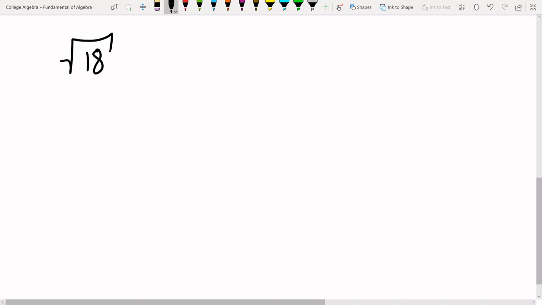But because we're looking at a square root, we can always ask the question, is there a perfect square within this that we can take out of it? 18 is the same thing as 9 times 2. And I wrote it this way instead of, of course, 6 times 3. 18 is also 6 times 3. But I wrote it this way specifically because 9 is a perfect square. 9 is 3 times 3.